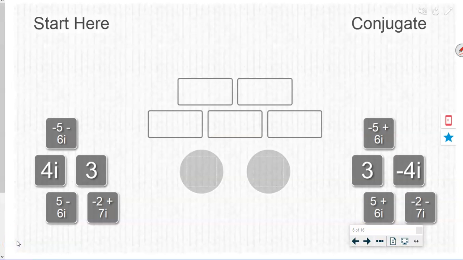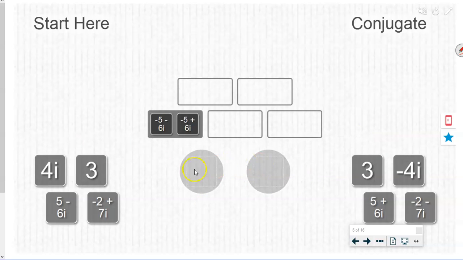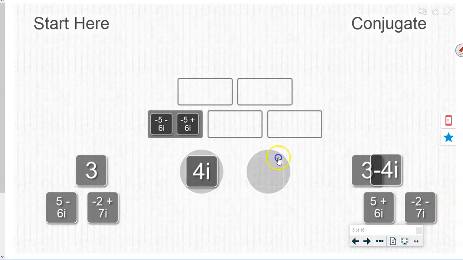On your notes, you were supposed to match these with their conjugates. On the left, we have the complex number, and on the right, we have its conjugate. If we're looking at -5 minus 6i, then we should be looking for -5 plus 6i. Y'all see that? We've got positive 4i, which would be matched with -4i.